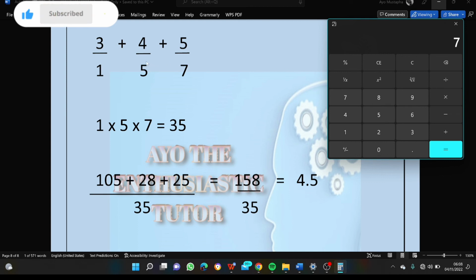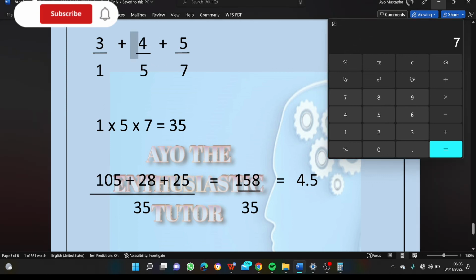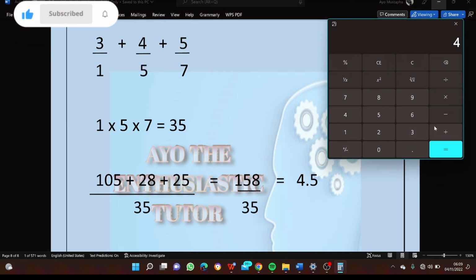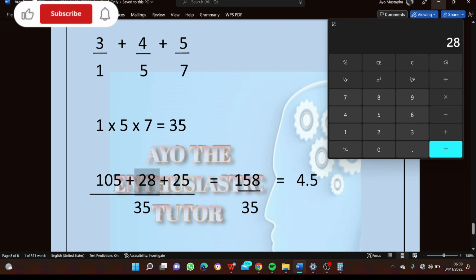This is the 4 we are multiplying 7 by. So we get our answer 28. And that's how we got this 28.